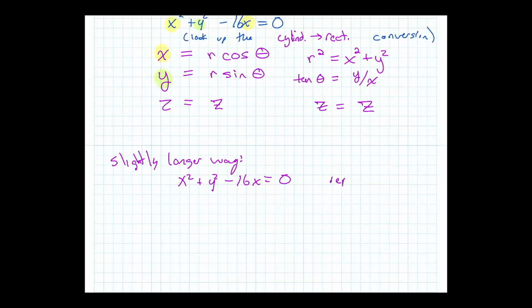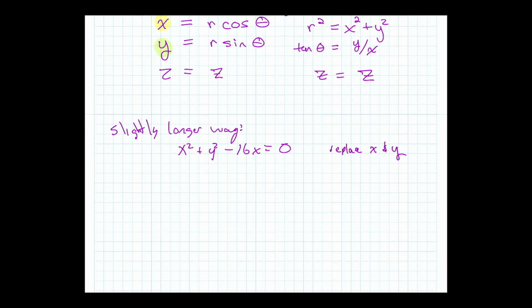So let's replace x and y using the conversions. The x is r cosine theta, squared, right? The y is r sine theta, squared, minus 16x. X is r cosine theta, again, equals 0.